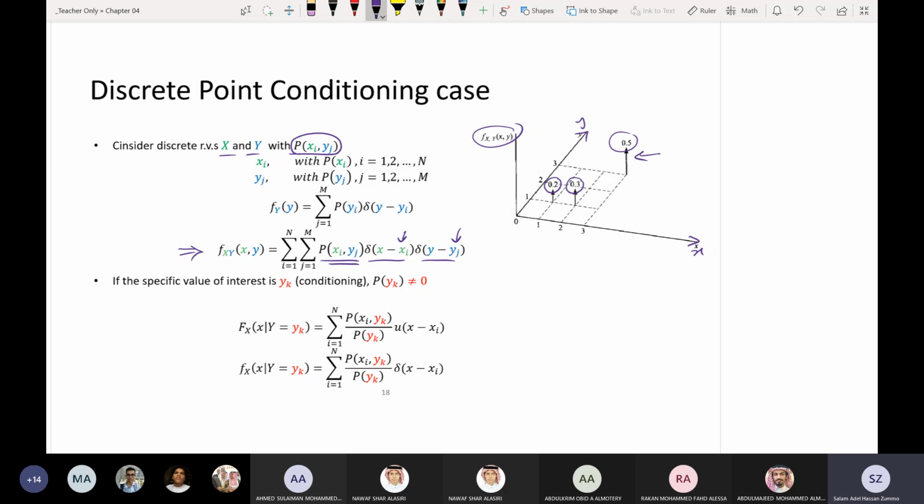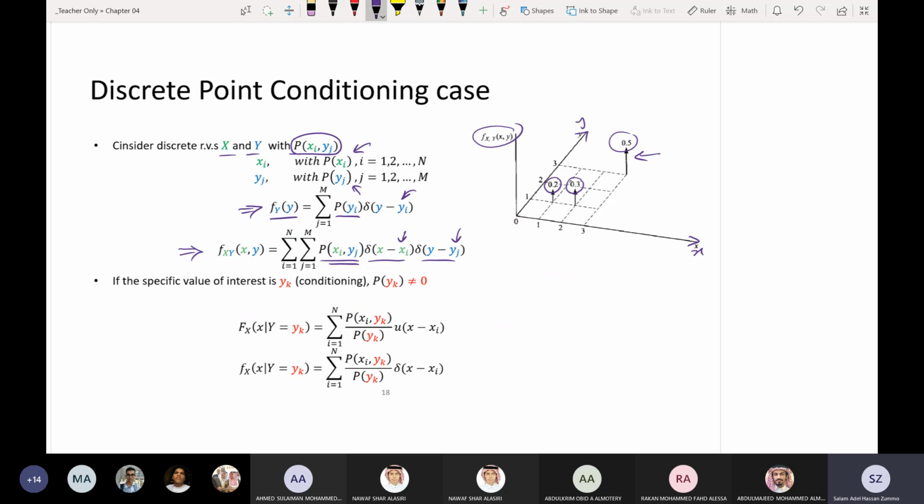Now, if I look at the marginal probabilities, I can calculate the probability of xi for all i, and the probability of yj for all j. And from here, I can get the marginal PDF of y, which is a summation of deltas evaluated only at different values of y and weighted with the probability of yj. Okay?